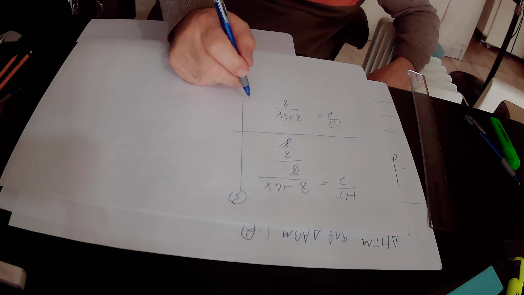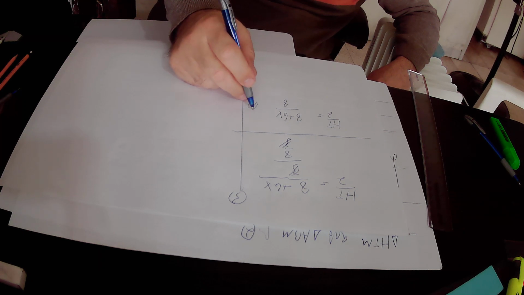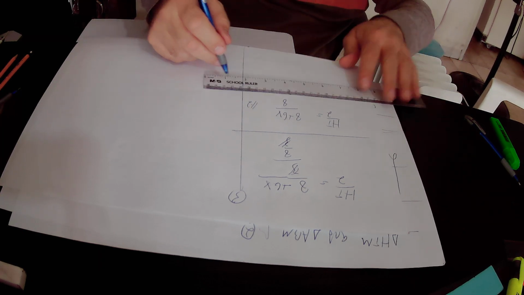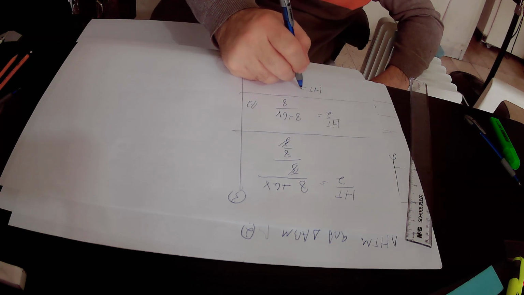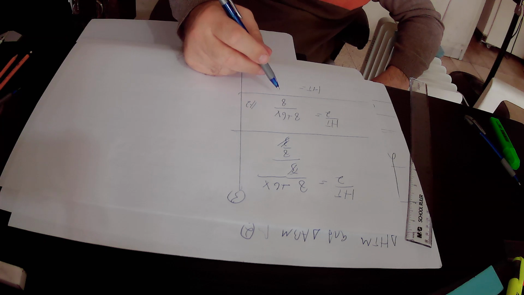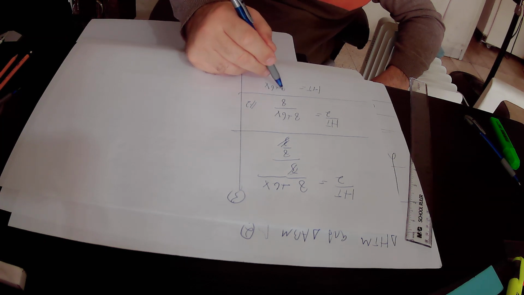Here we will multiply this equation by 2, and we get that HT equals 8 plus 6x.